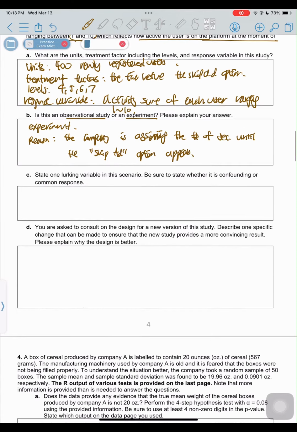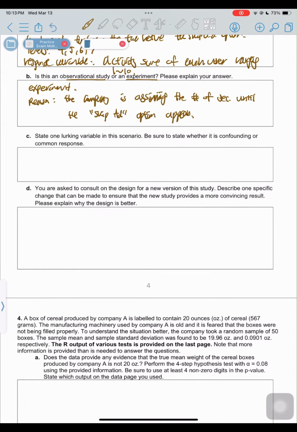And part C, state 1 lurking variable. So the lurking variable is, by definition, a variable that is not included in the analysis, but it can still affect the outcome of the analysis.